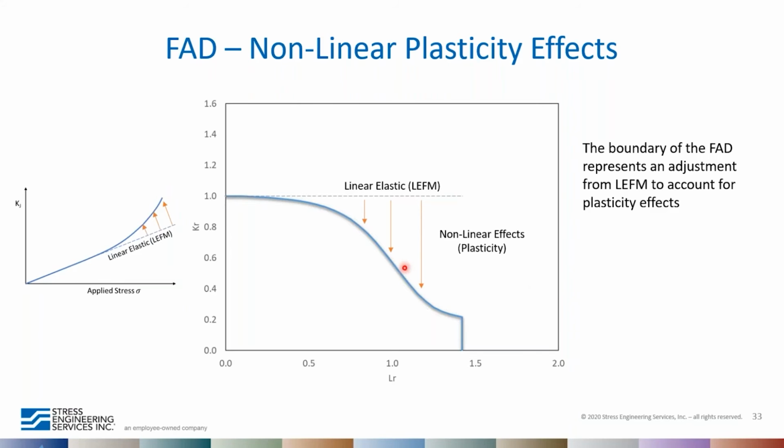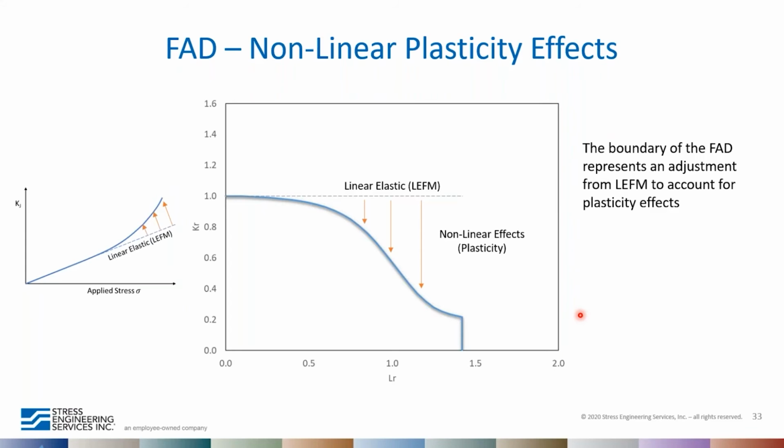Okay, and it's also interesting to note that the boundary of the FAD, so typically when we do an analysis, the boundary of the FAD is based on a standard failure assessment diagram, which we can find in the codes, but it's also possible to determine a FAD boundary based on stress strain information from an actual material.